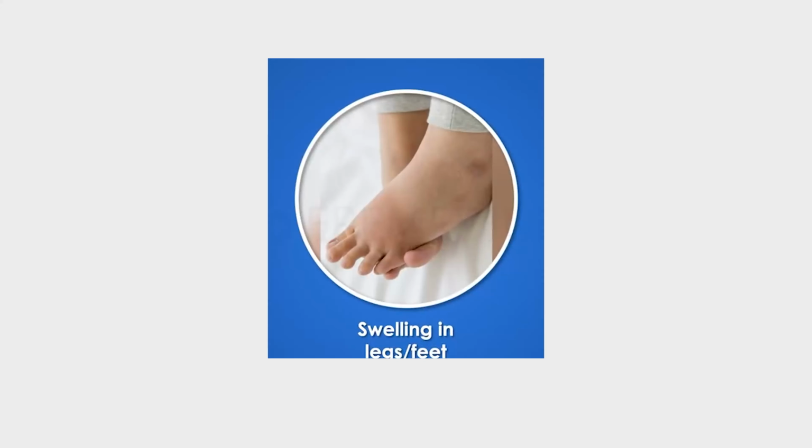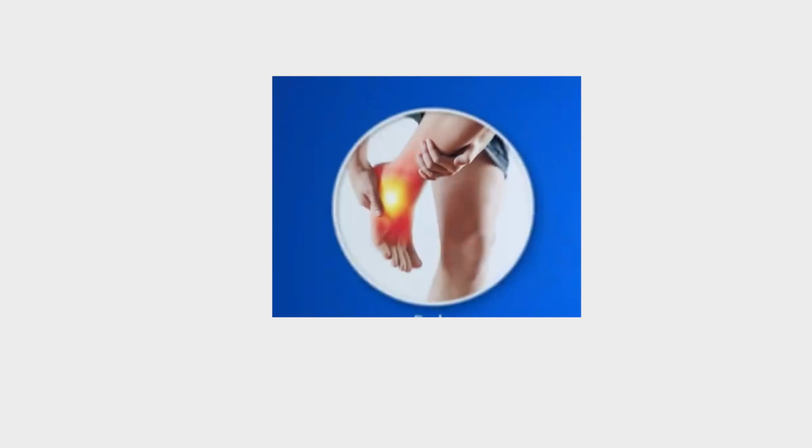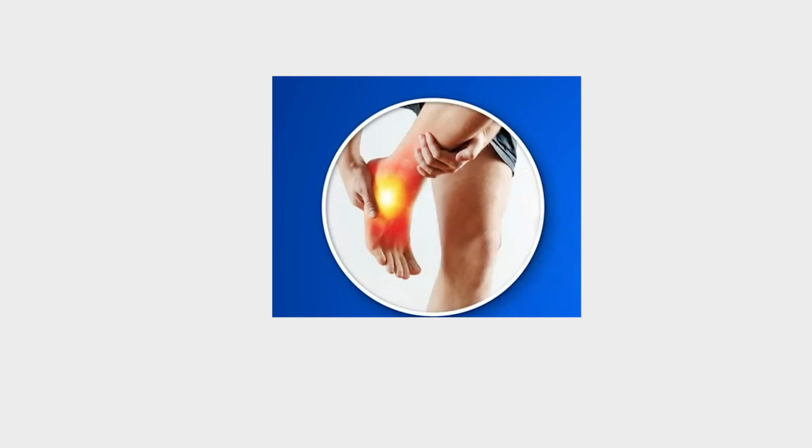So what signs and symptoms do we have to look out for when we are looking at diabetic foot problems? First of all, we have to look for swelling in your feet or your ankles. You have to check for changes in skin color of your feet or your ankles as well. You have to check for changes in comparative temperature. You have to check, oh, is this leg hotter than this leg? Is this leg warmer than this leg?